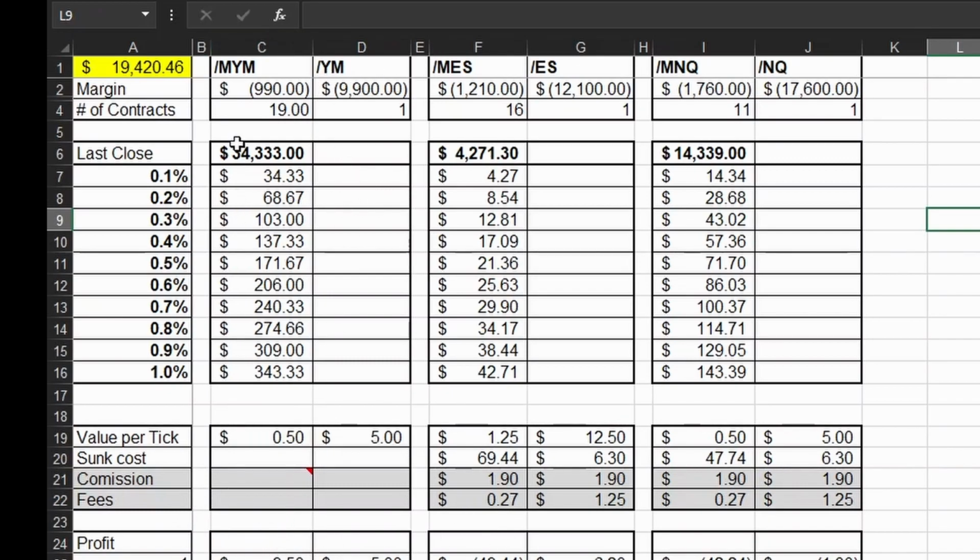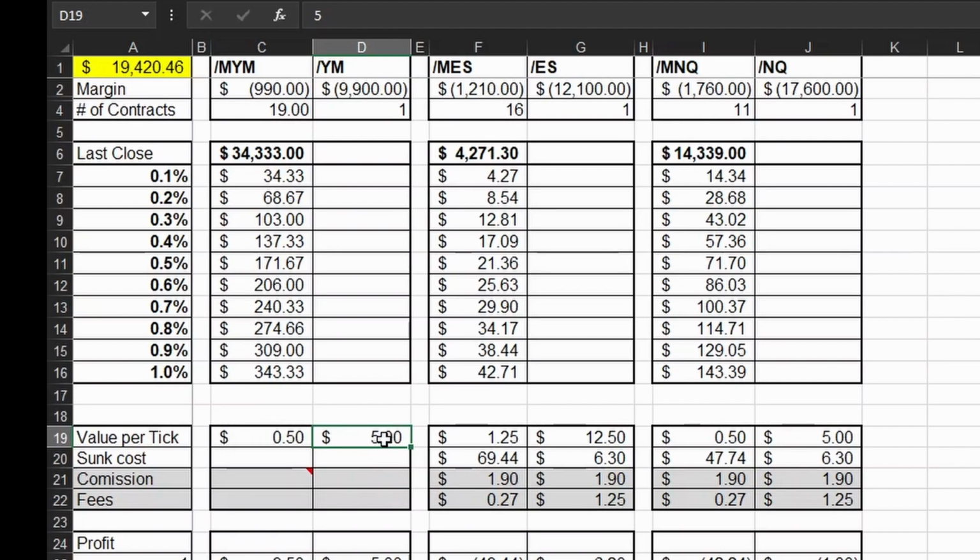So here, let's ignore this center section for now. I'm going to focus here. As I mentioned, for the MYM, for every tick or every point move, you're gaining 50 cents. But for the YM, every tick or every point move equates to $5.